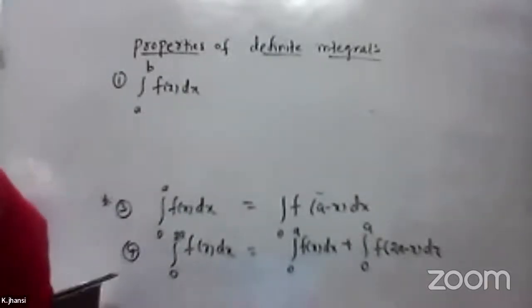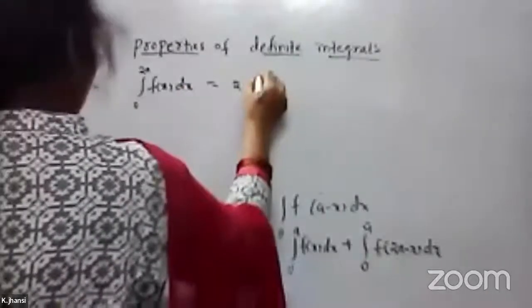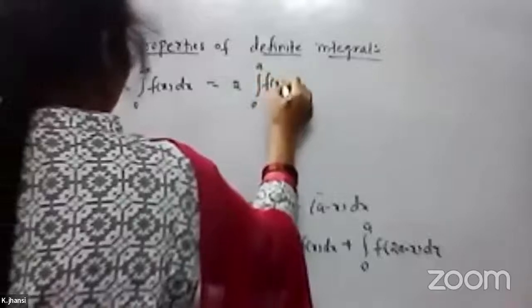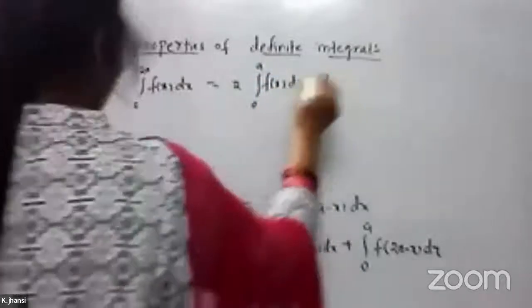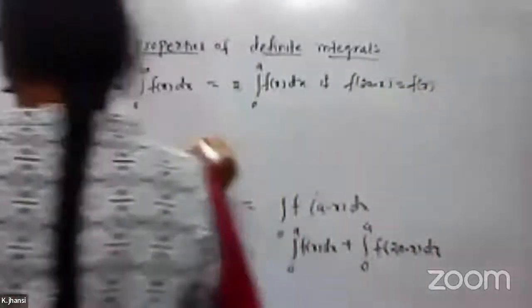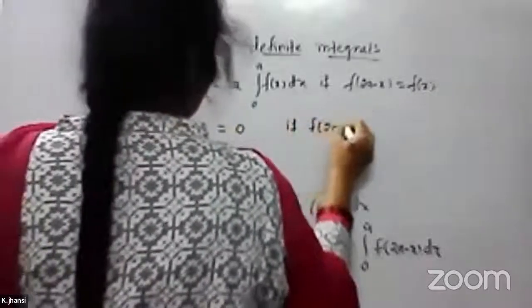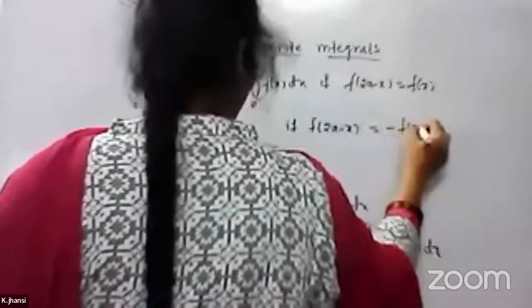Fifth one is 0 to 2a f of x dx. It equals 2 times 0 to a f of x dx if f of (2a minus x) equals f of x, and it equals 0 if f of (2a minus x) equals minus f of x.